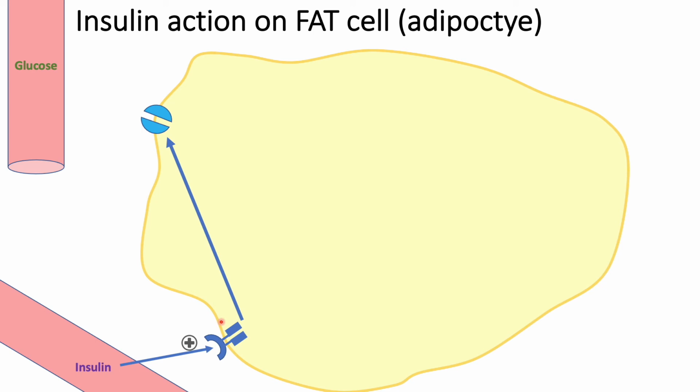And that GLUT transporter is GLUT4. And remember, GLUT4 is insulin dependent. So this is just like the muscle cell as well. And just to reemphasize insulin dependent, that it requires insulin for its mode of action. It requires insulin for it to be translocated to the cell membrane. And by doing so, this allows glucose to now enter the cell.